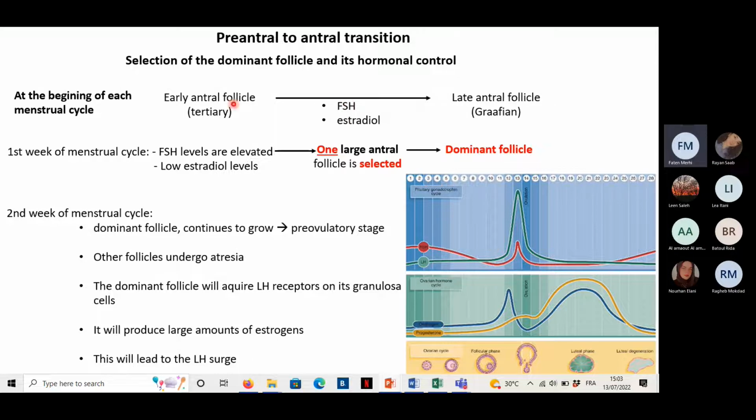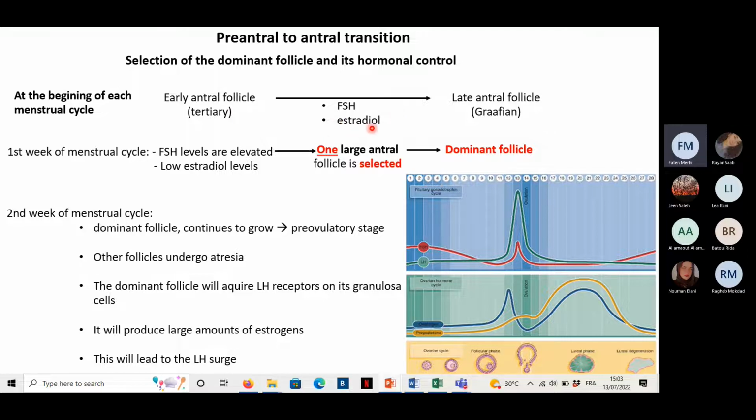And this transition from an early antral follicle to a late antral follicle occurs under the action of FSH and estrogens, because estradiol is an estrogen. We have two major estrogens produced by the granulosa cells, which are estradiol 17 beta and estrone. These changes occur under the action of FSH that will lead to the development of those early antral follicles.